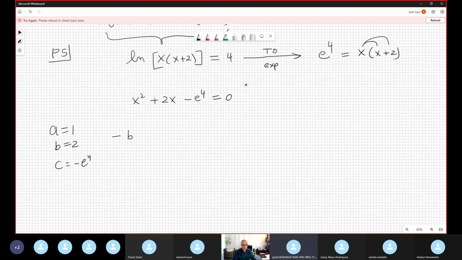The formula is minus b plus or minus square root b squared minus 4ac divided by 2a. Is minus 2 plus or minus square root 4. This is 2 squared, no?